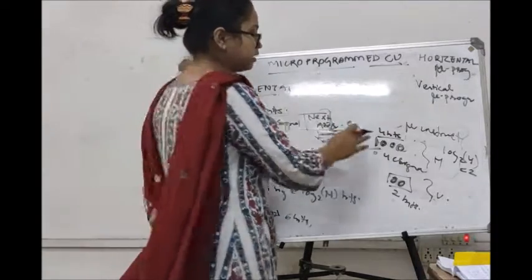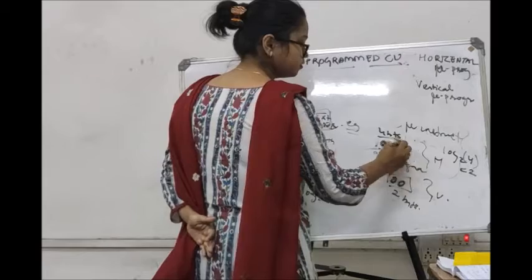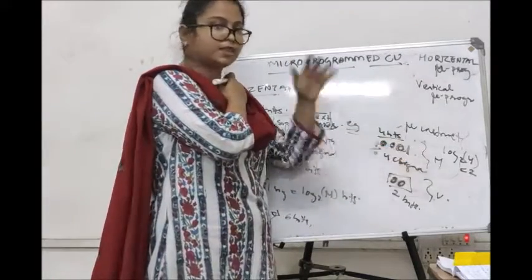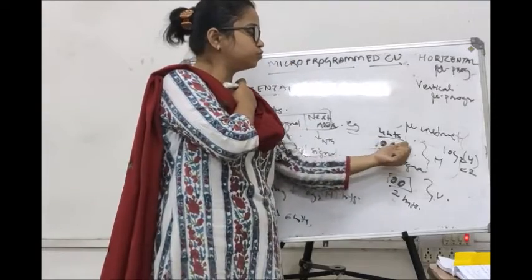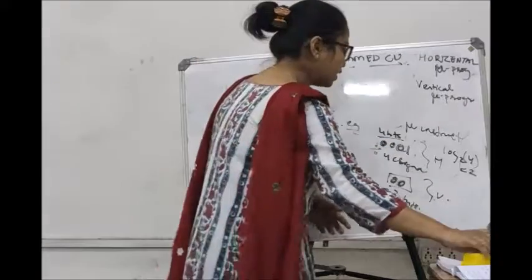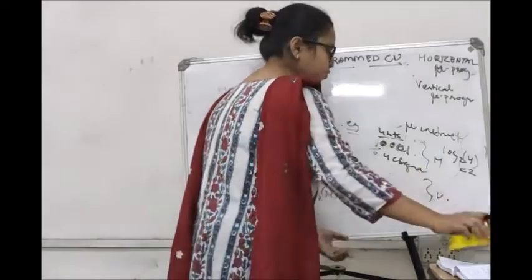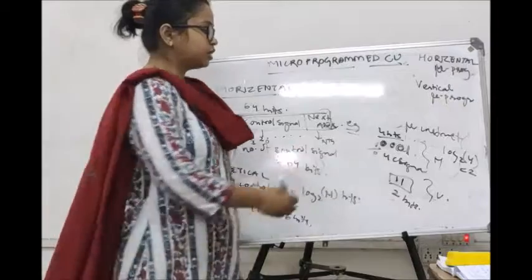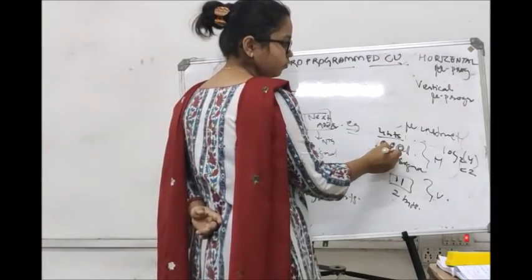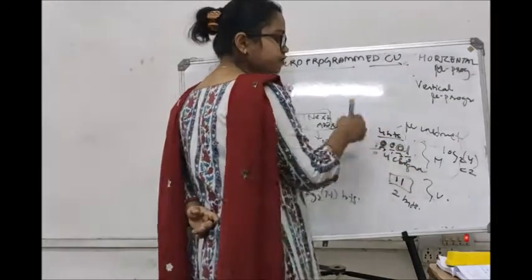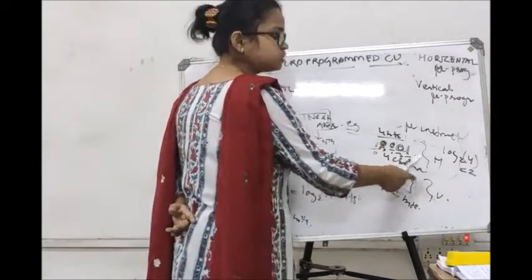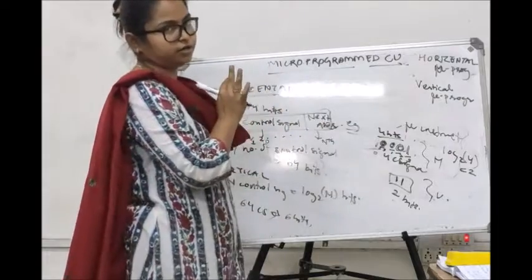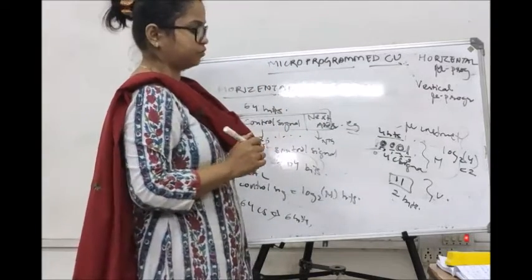Similarly, if it is 0, 0, 0, 1, the binary value is 1, but where is it present? 0, 1, 2, 3, third position. So in vertical microprogramming the value is 1, 1. You got it? This is the index 0, 1, 2, 3. Whichever position the 1 is present, you just convert that to binary and represent it. That's the idea of vertical microprogramming.